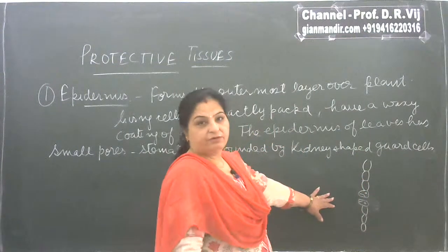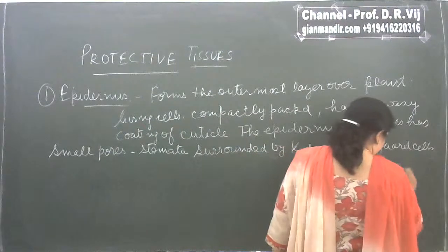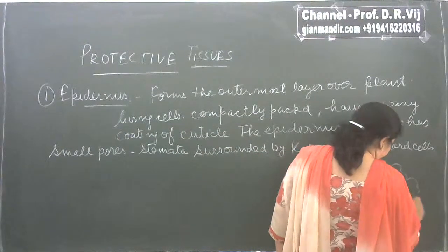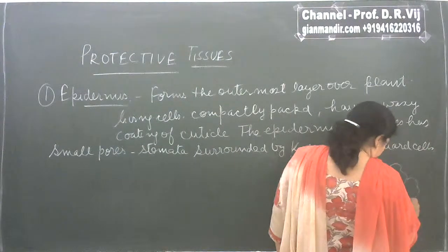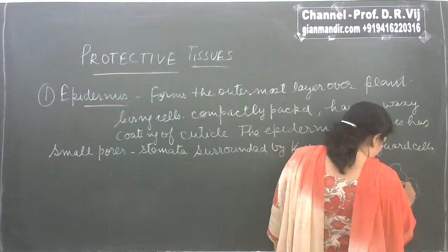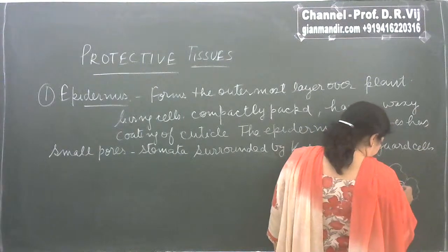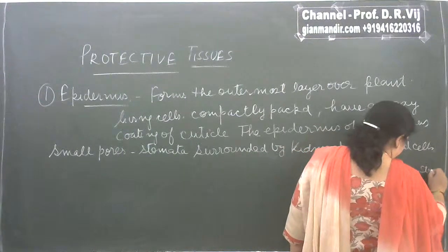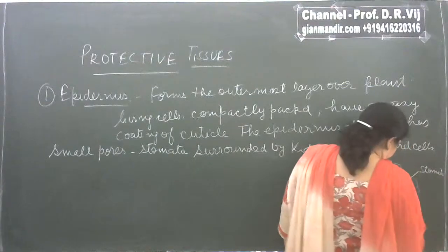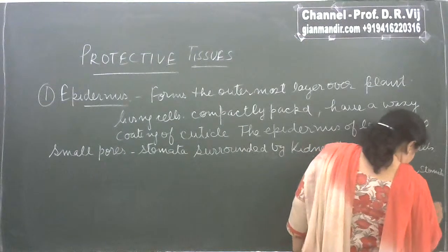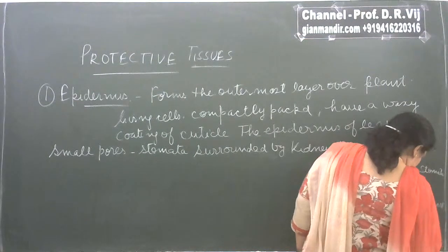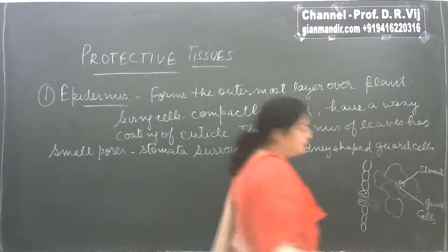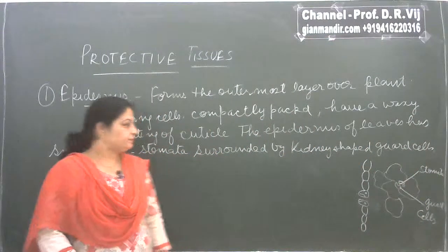So here you can see the lateral view, and if you look at the surface view of the epidermis, you will observe this kind of surface, and in between that surface you find the small holes which are surrounded by the kidney shaped cells. So these small pores are known as what? They are stomata, and these kidney shaped cells are known as guard cells. The function of guard cells is to control the opening and closing of stomata, right?